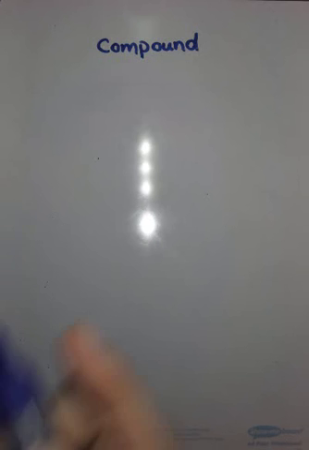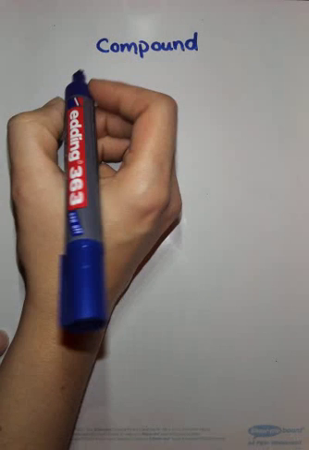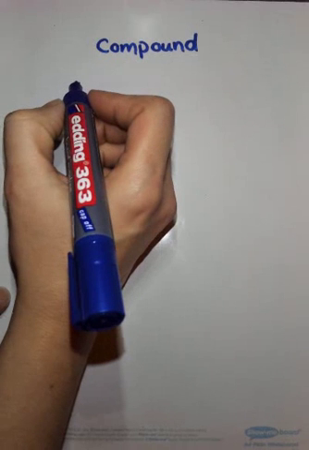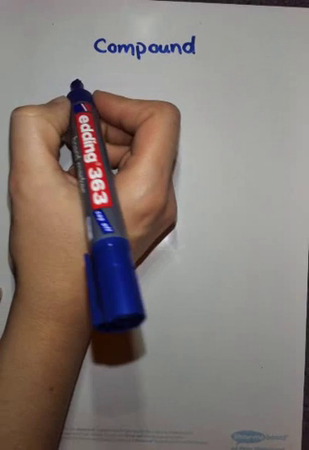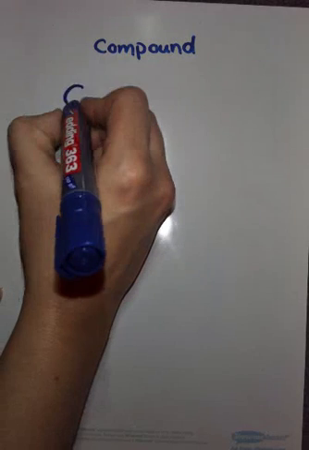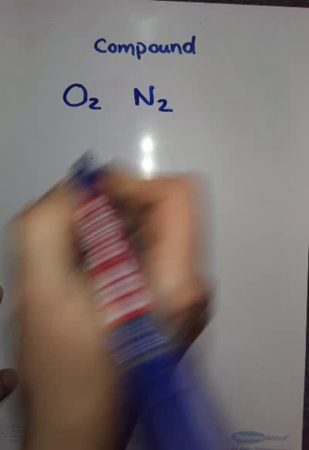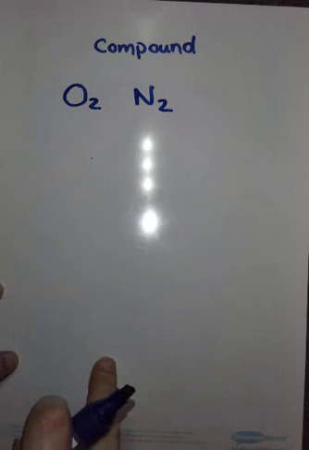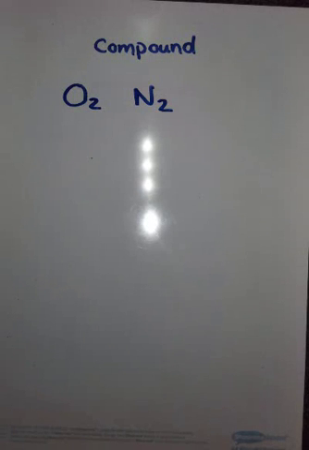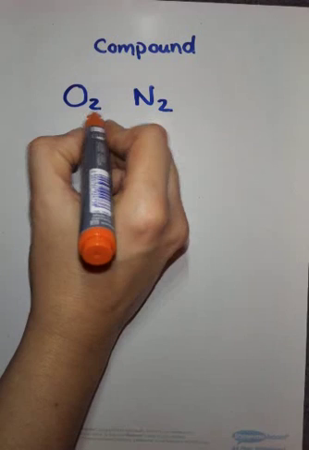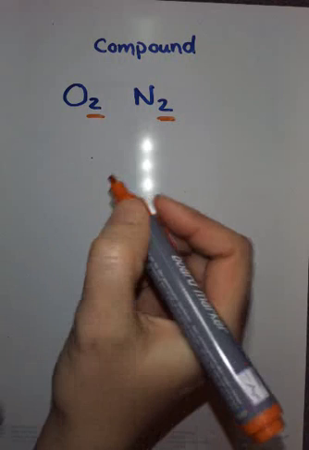Okay, now we've seen a few things where we've got more than one atom of something but are not necessarily a compound. So examples that we've looked at before are things like nitrogen and oxygen. Now when we look at the formula here, the number 2 tells us that oxygen and nitrogen like to go around in pairs.